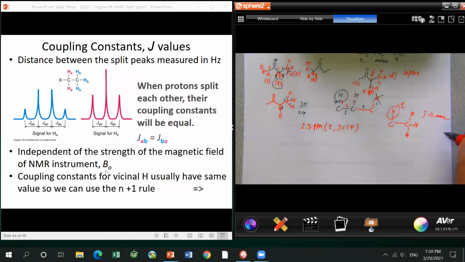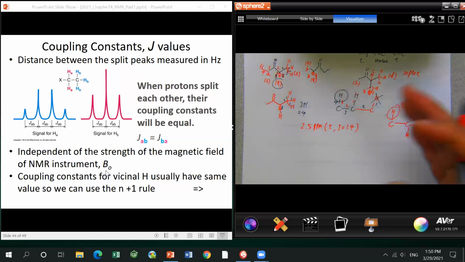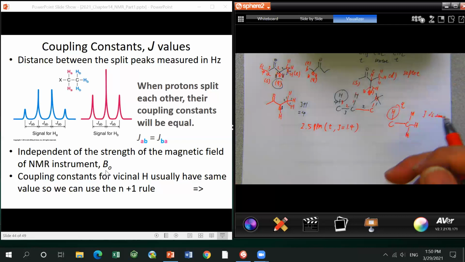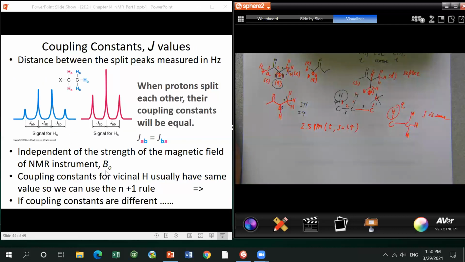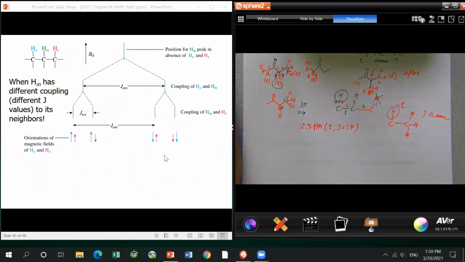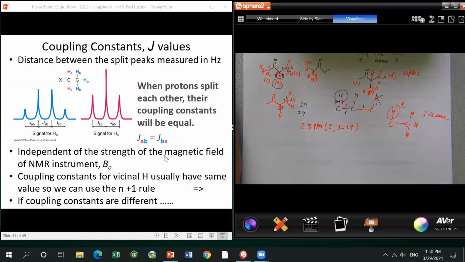That's reinforced: you can get 1 situation with all three in the same direction, 1 with all three opposite, and the other two situations with two in the same direction and one opposite. If the J coupling is different, the situation gets more complicated and you cannot apply the N+1 rule. We'll talk about different coupling constants in the next class.